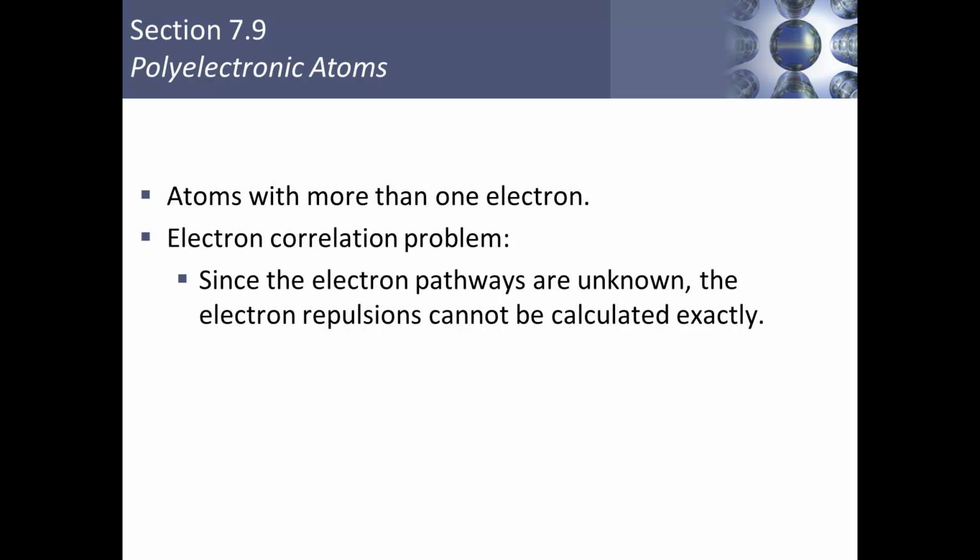This is where we run into our electron correlation problem. This occurs with all polyelectronic atoms, so we must make approximations in order to solve Schrödinger's equation for polyelectronic atoms. We treat each electron as if it's moving in a field of charge that is the net result of nuclear attraction and the average repulsion of all other electrons.